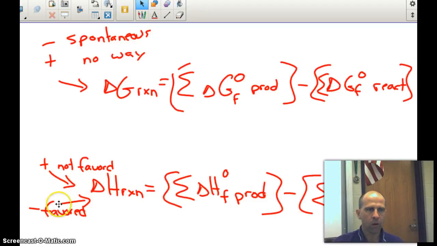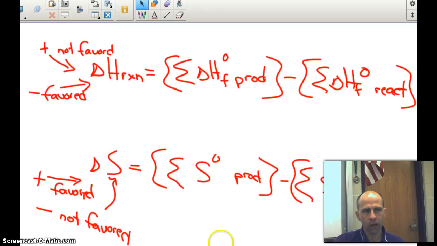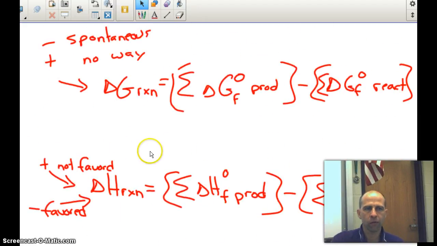My first example back in the other video was taking all the standard entropies of my products and all the standard entropies of my reactants and subtracting them to get the change of entropy for a process. But the point I'm trying to make is that because all three of these are state functions, that products minus reactants approach works for them all. So you can calculate the free energy change or the enthalpy change or the entropy change for a lot of processes by having these tables.